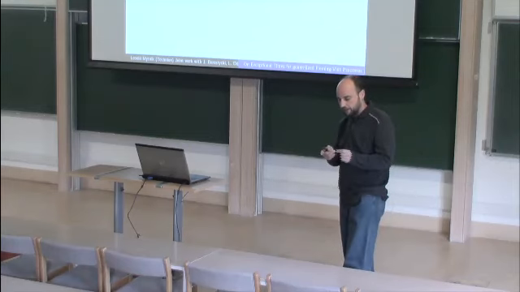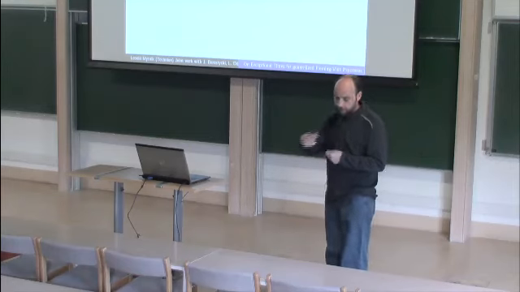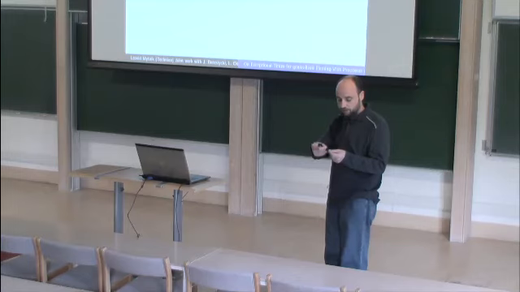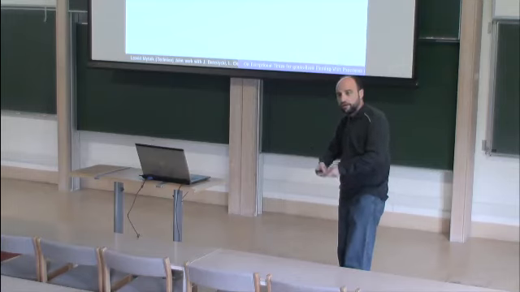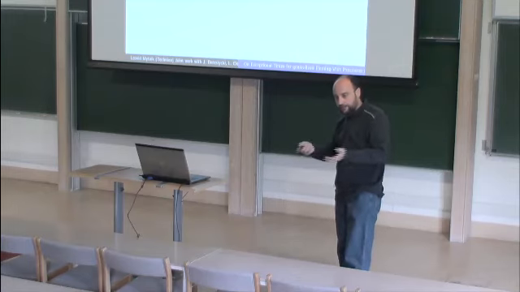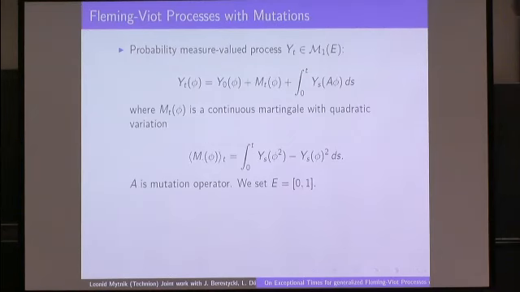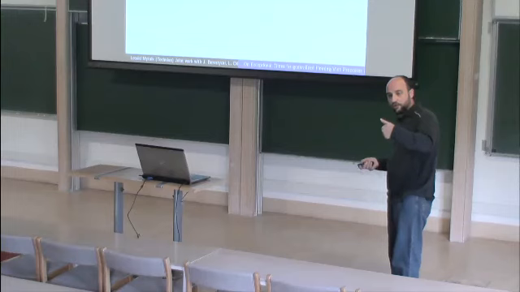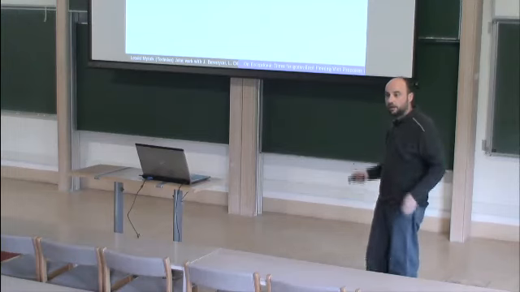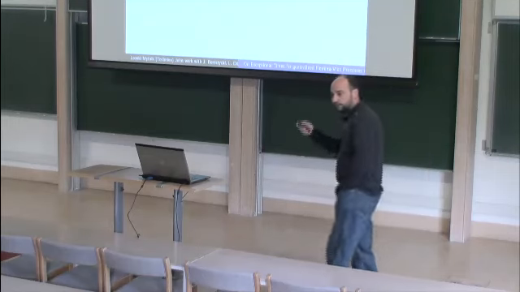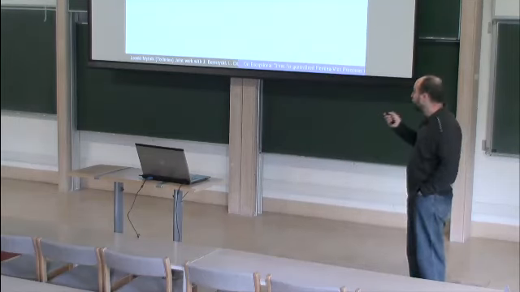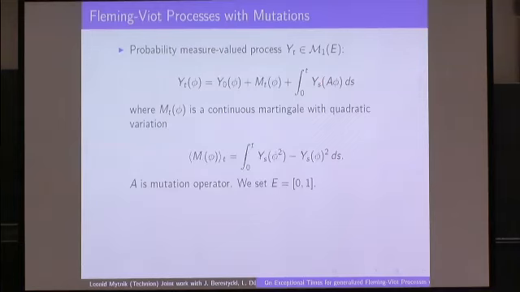Mutation means that there is also a clock for each particle, and each particle can assume any available type according to some kernel, some probability distribution. So the clock of the particle rings, and it doesn't resample from other particles. It just assumes some other type. And there are different mechanisms, different ways of choosing this A.